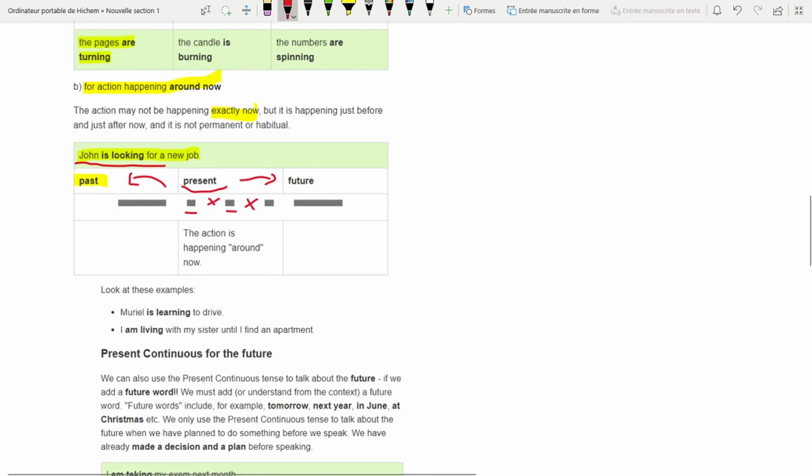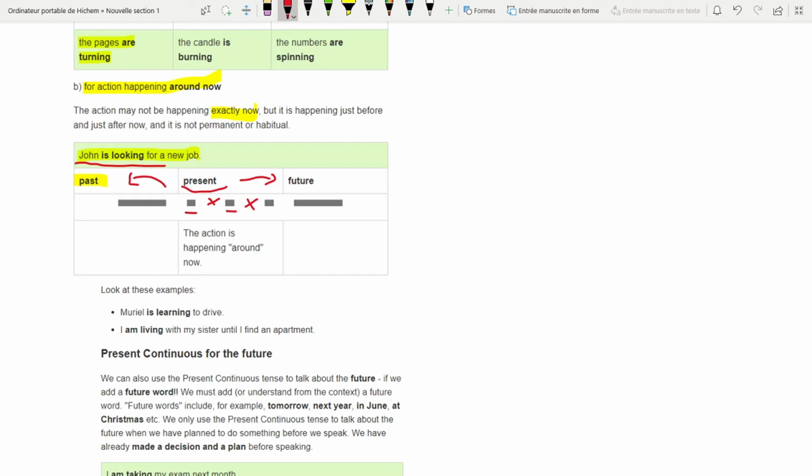We have other examples if you want. For instance, when you say Muriel is learning to drive, same concept. There is a slight chance that she is learning to drive at the moment of saying the sentence, as there's a slight chance that she is not.